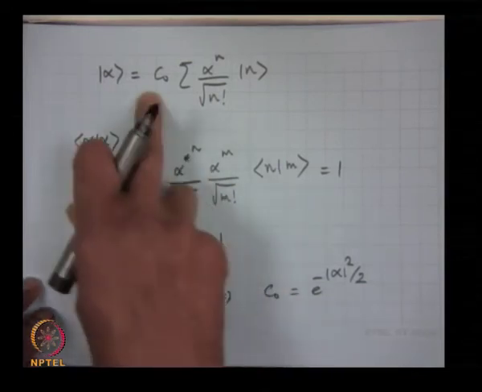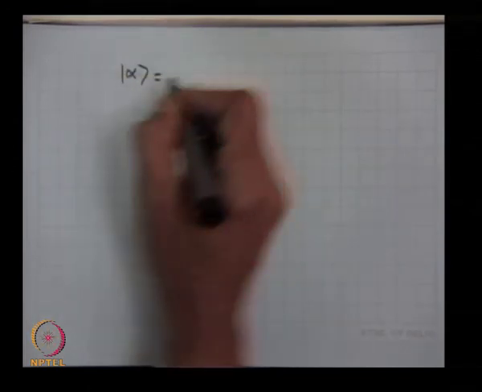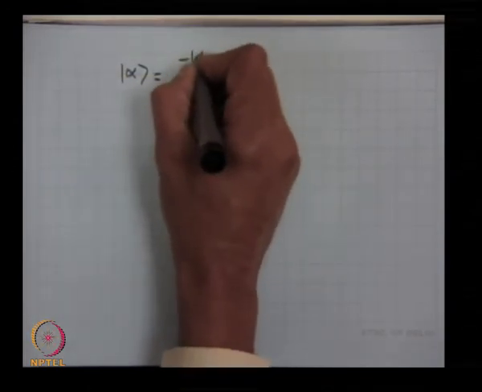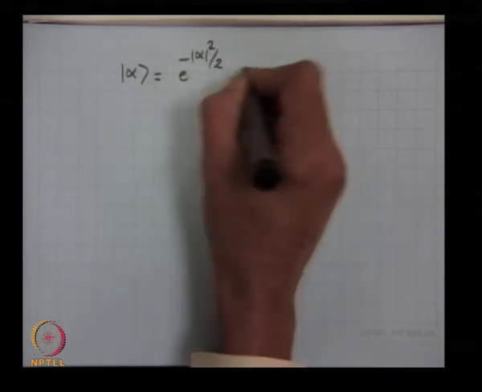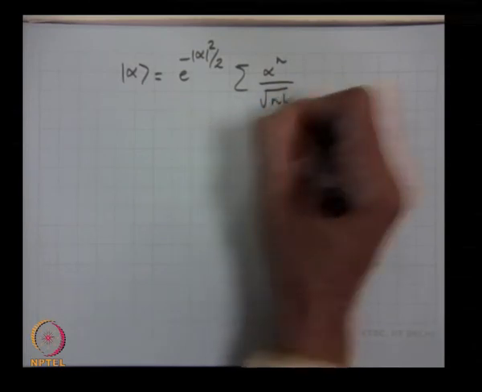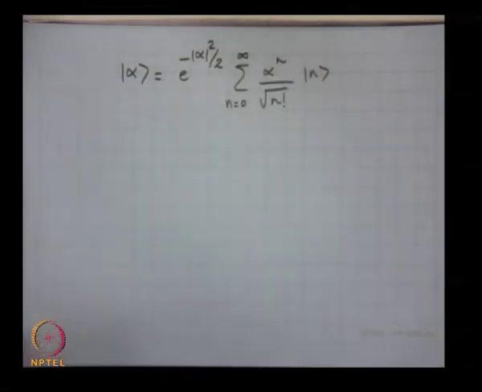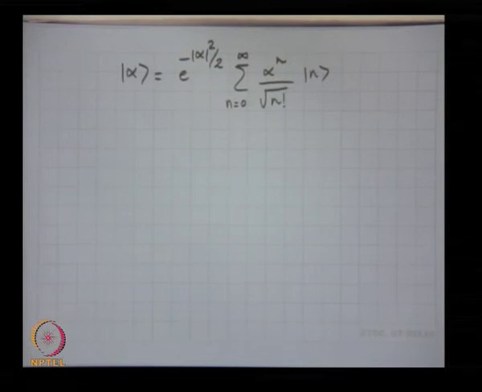So I can substitute the value of C0 here to get a complete expression for the alpha ket. This is a linear superposition state of an infinite number of n-ket states.